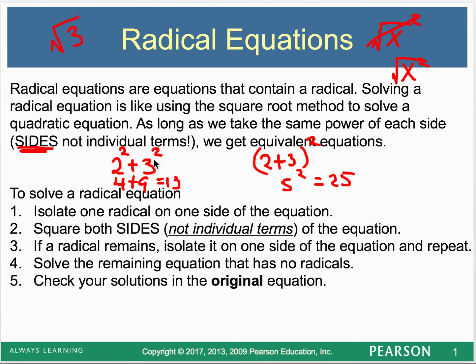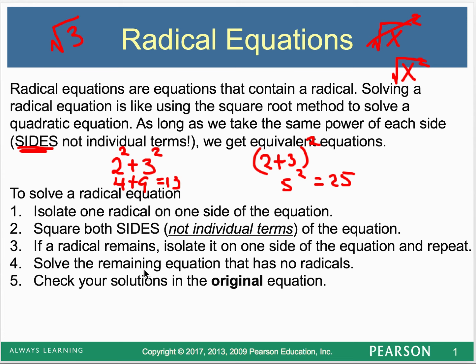If I could do the first way, I wouldn't have to isolate the radical. I could just go along and square everything. So remember, square both sides. You've got to put that side in parentheses and square the entire thing, which is going to involve using the distributive property sometimes.